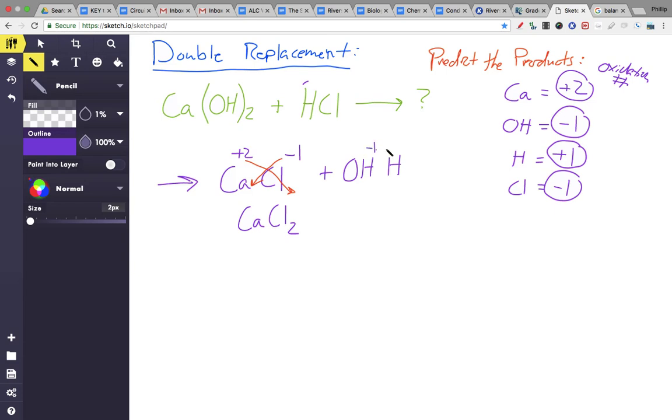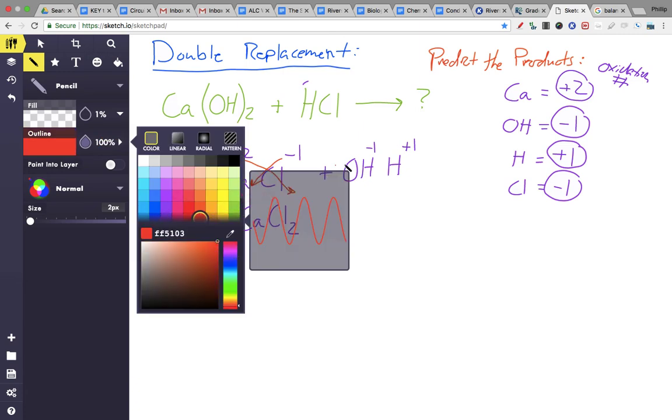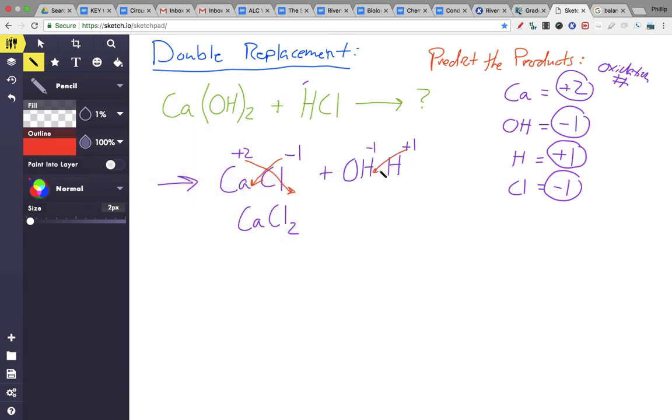Hydroxide brings a -1. Hydrogen brings a +1. This is easy. When the numbers are the same, it's a 1-to-1 ratio, but you could still think of those numbers as crossing and becoming the subscripts for each other.